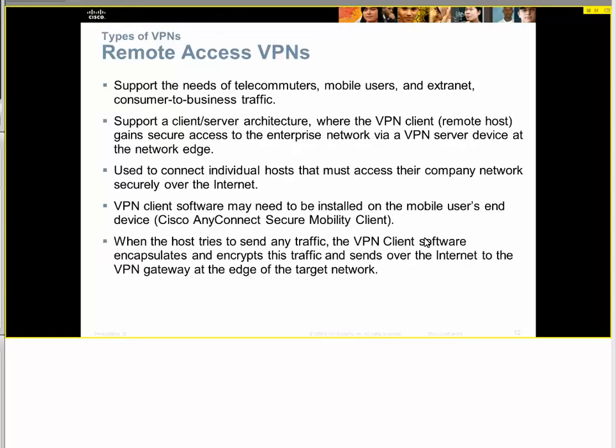Now, most of the time, you will need to have VPN client software installed, either as a third-party product such as Cisco AnyConnect, or many times you can use a browser using HTTPS, which allows us to encrypt traffic over standard SSL encryption.